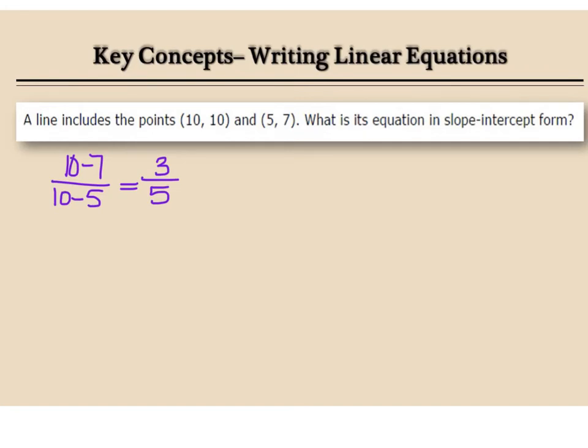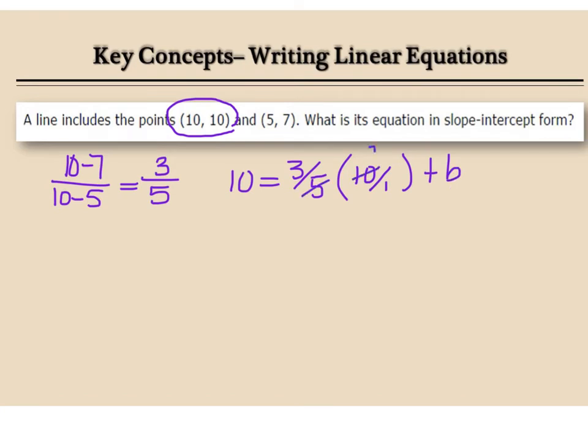And now I'm going to use, right there, I'll use 10, 10 and solve for b. So I'm going to plug in those x and y values and solve for b. So I have 10 equals, the slope is 3/5, x is 10, 10 over 1, plus b.